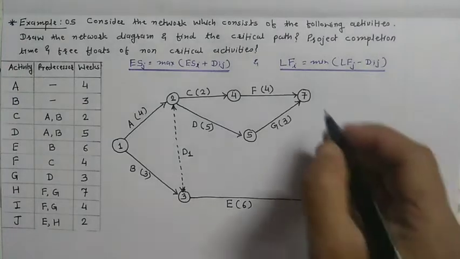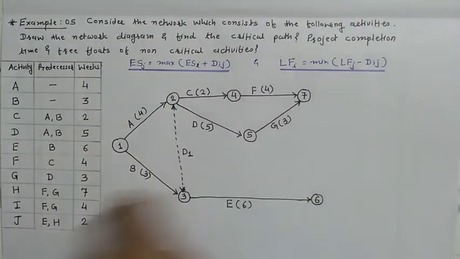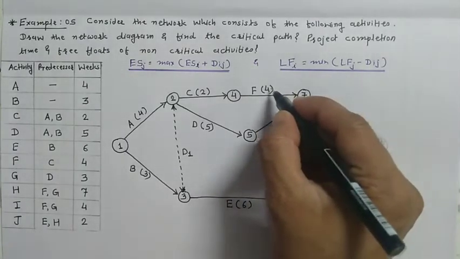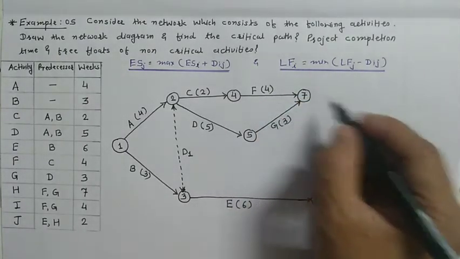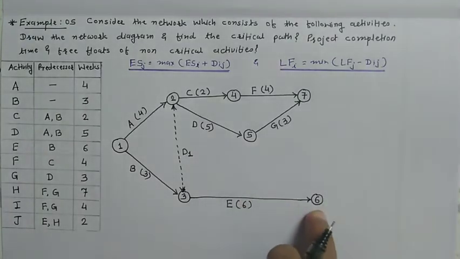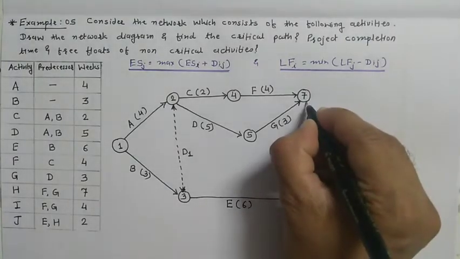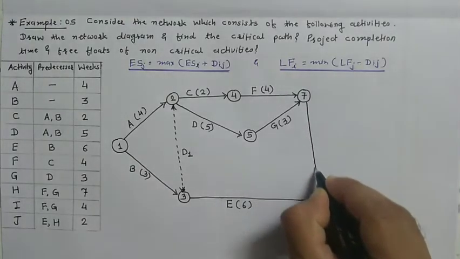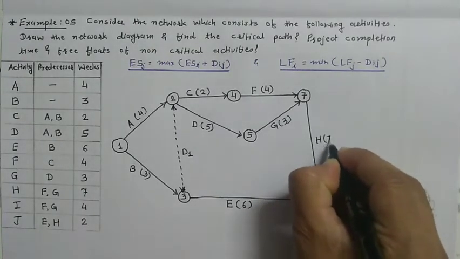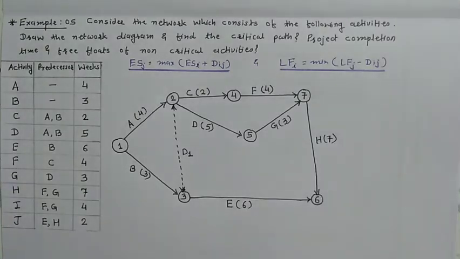I will draw my H activity which will start from the finishing of F and G and will merge into activity E. Here activity E is finished. So I will draw the activity H. The duration is 7 weeks.